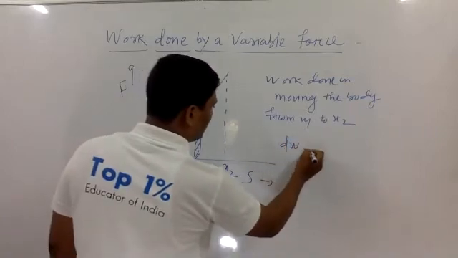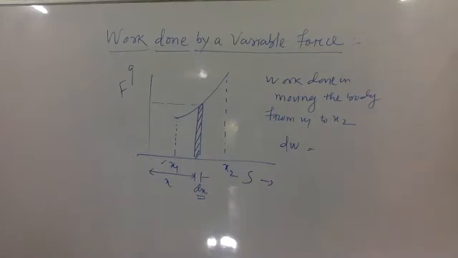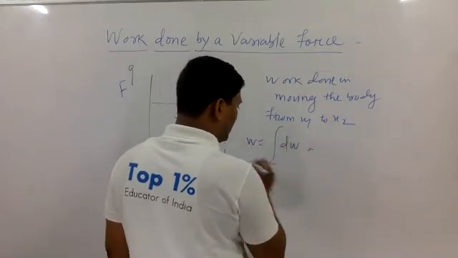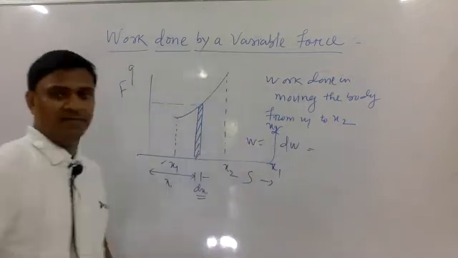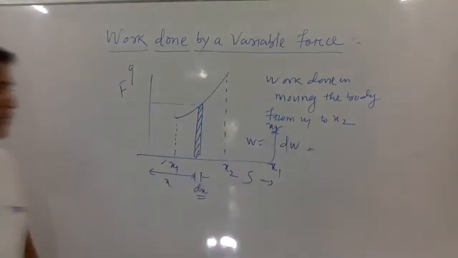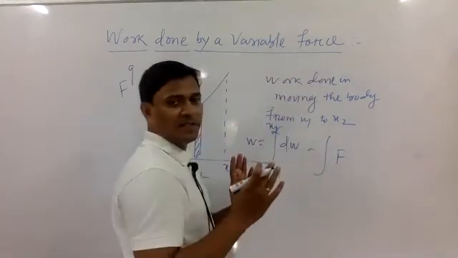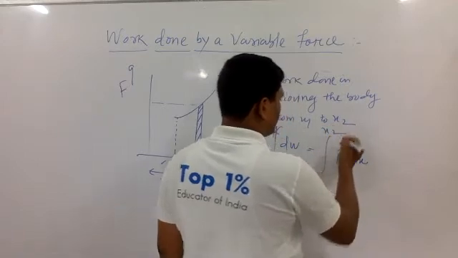The small work done, dW, and in that case let the force be F. To find work, I have to integrate dW with limits x1 to x2, because the force is varying with distance. dW is equal to F dx, where F is given as a function of displacement, and how that changes with dx, with limits x1 to x2.